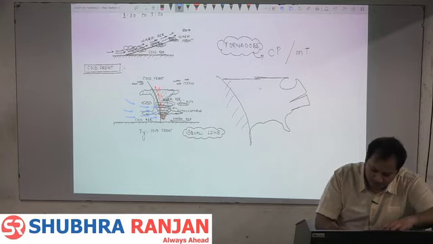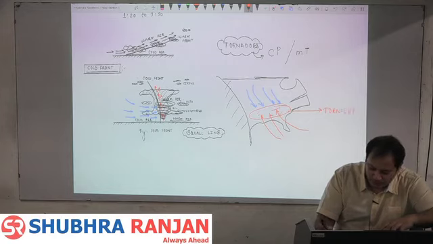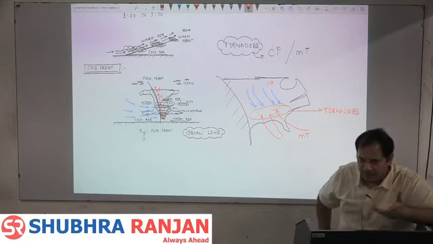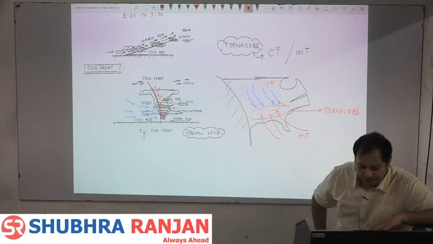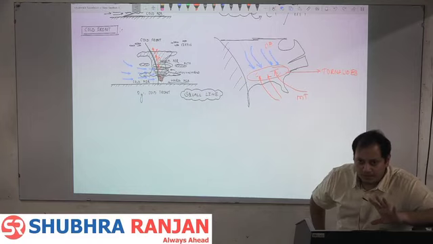So this is the continental polar air mass. यहाँ से there is a maritime tropical air mass, and therefore ये है belt of tornadoes. Fine. Clear?